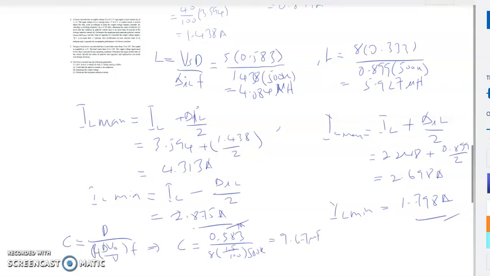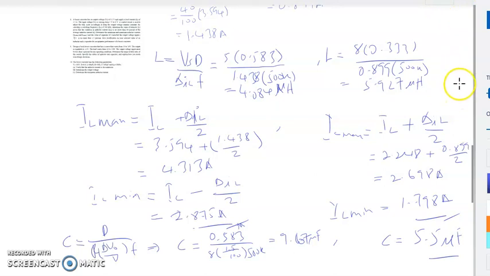So we get 9.67 microfarad of required capacitor. Meanwhile, for 8 volt input with the 0.333 duty cycle, we get 5.5 microfarad of capacitor value.